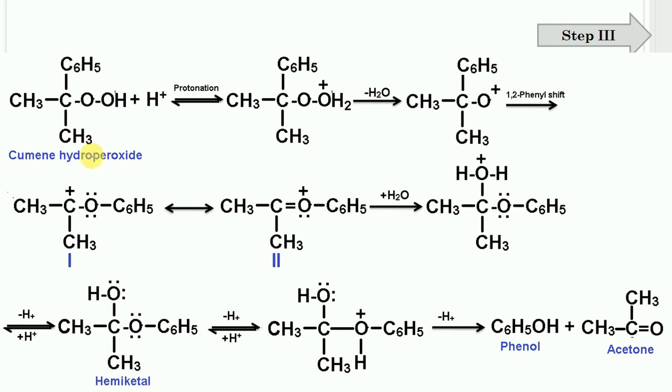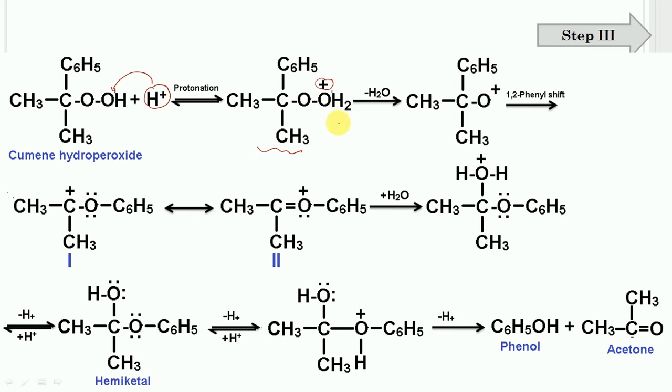In step number 1, cumene hydroperoxide will accept a proton from the phosphoric acid, and it will get converted into protonated cumene hydroperoxide. Now this oxygen will acquire a positive charge.